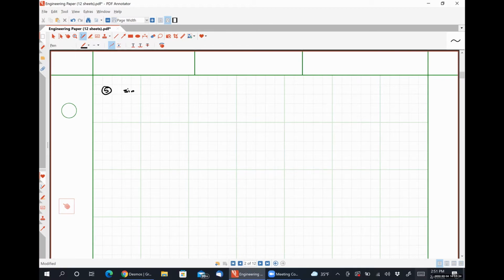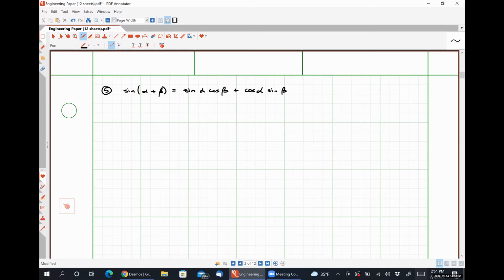So our first of these more difficult trig identities is sine of alpha plus beta is equal to the sine of alpha times the cosine of beta plus the cosine of alpha times the sine of beta. Okay.